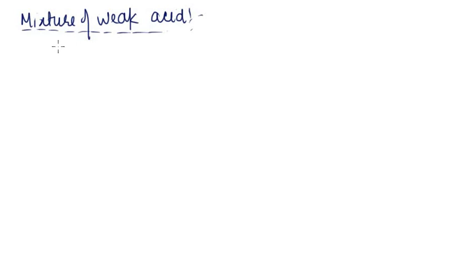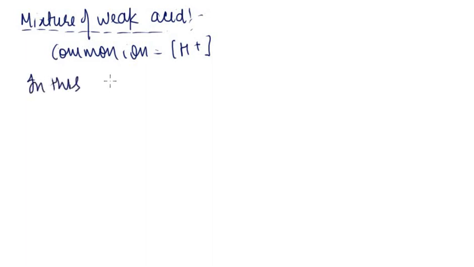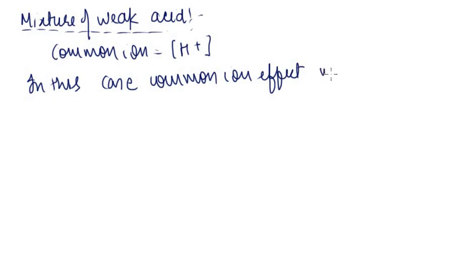So what will the common ion be here? Common ion would be H plus. H plus will be common in both. So in this case, common ion effect will operate on both weak acids.